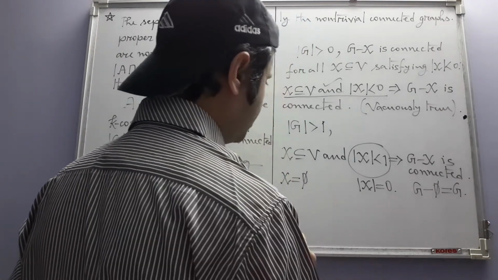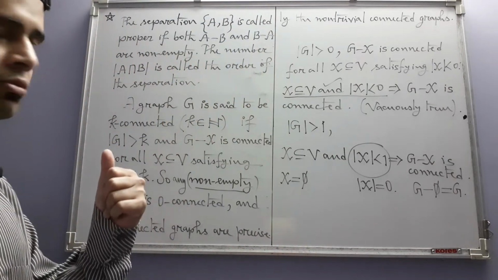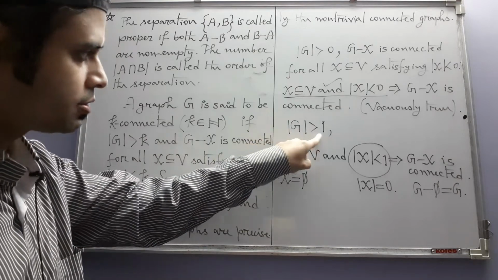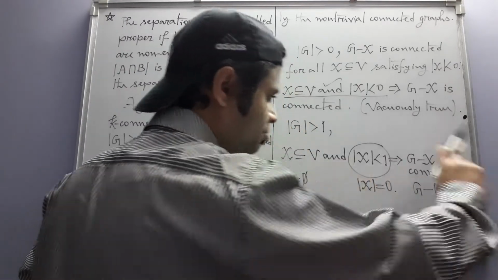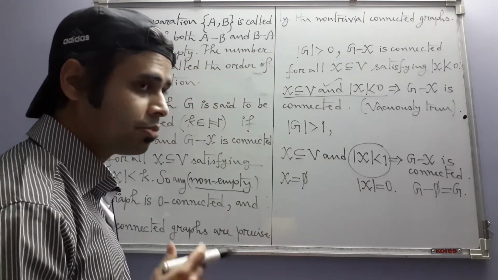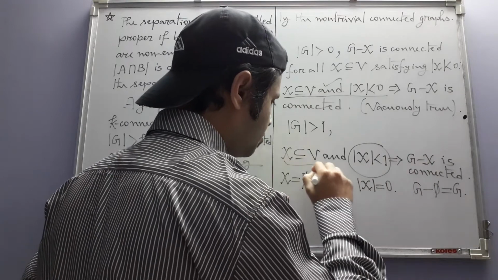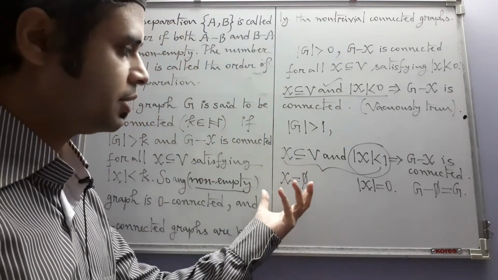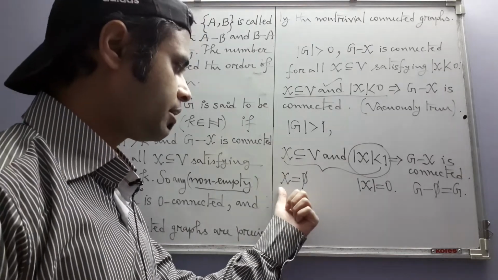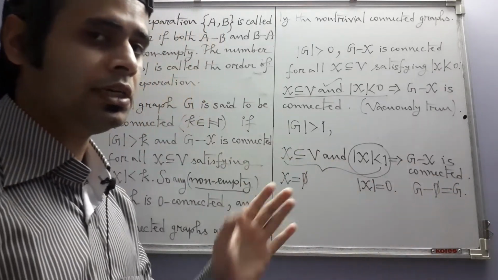Conversely, if you have a one connected graph, then from the definition of one connectedness, this must be true and this must be true. The hypothesis of the implication again gives us that X must be empty. But now the conclusion is not given to us.